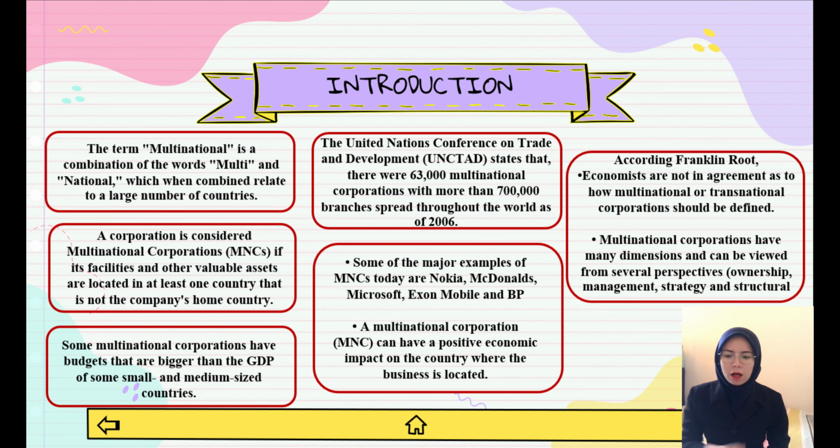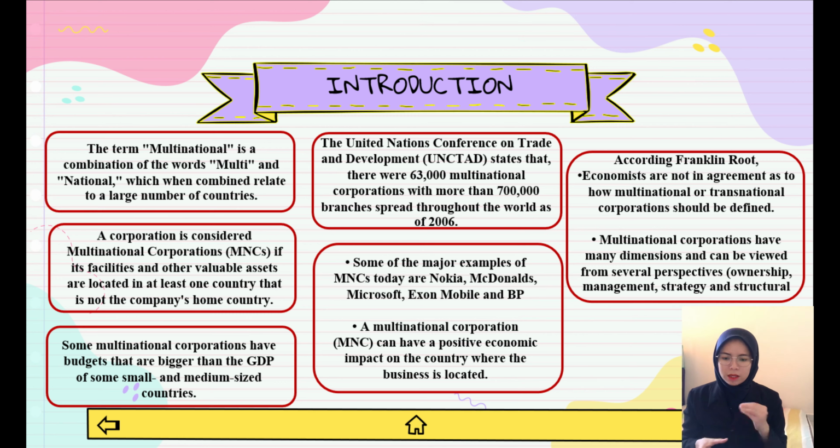Besides that, according to Howard Perlmutter in 1969, multinational companies may pursue policies that are home country oriented, host country oriented, or world oriented. Perlmutter used such terms as ethnocentric, polycentric, and geocentric.